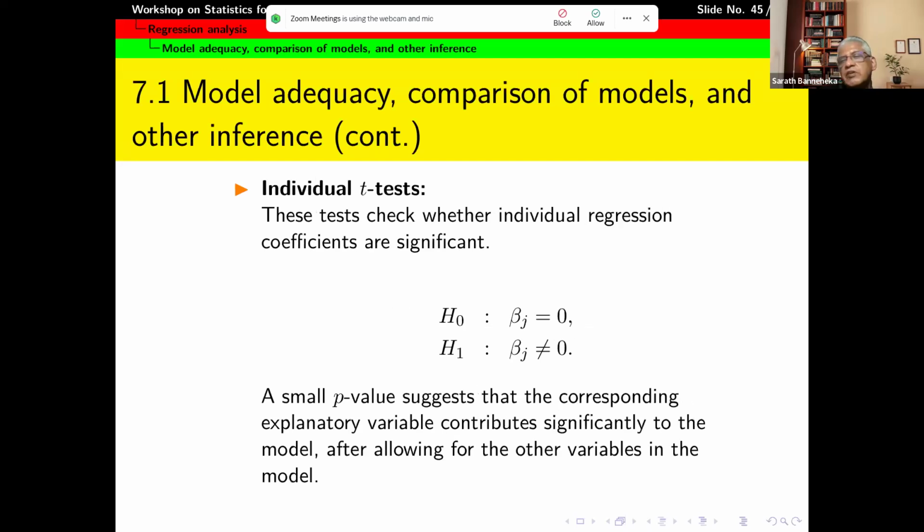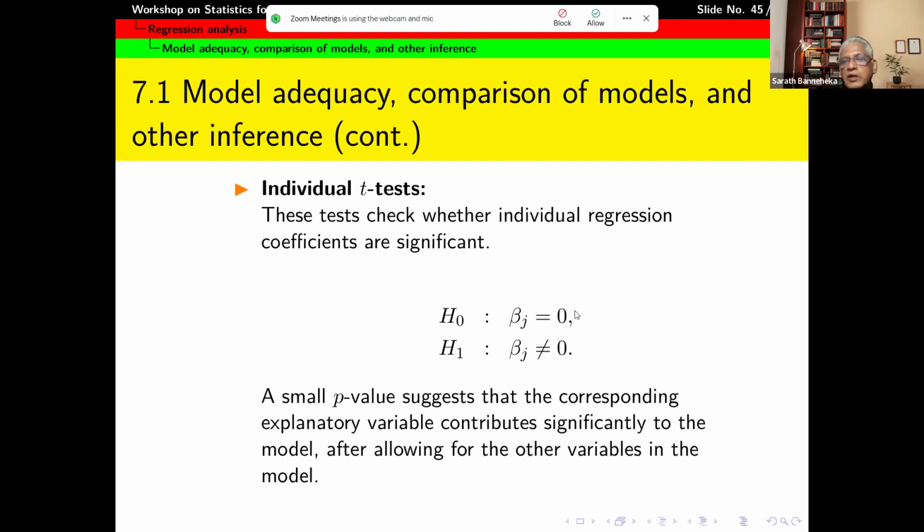And thereafter, we fit the model, whatever model we think is suitable, and then we test each parameter individually, whether each parameter is equal to 0 or not, using individual t-tests. Right.